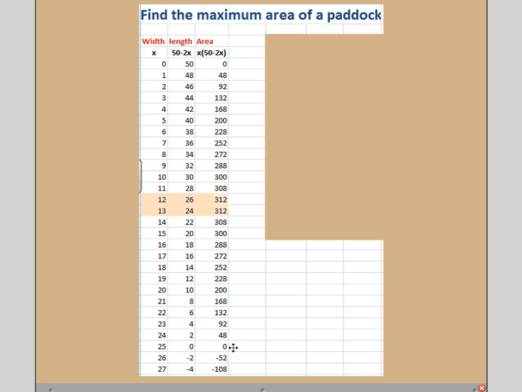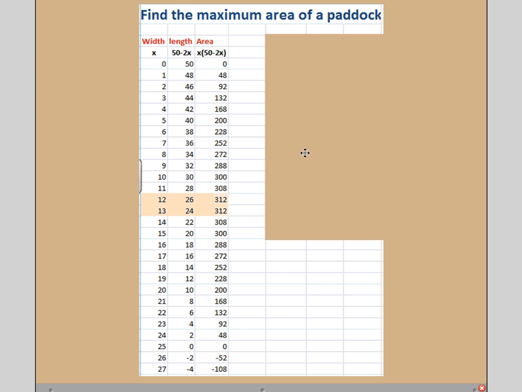When we get to a width of 25, two widths of 25 means there's no length, the length would be 0. And if we went to 26, we'd have a negative area, which is impossible in a real situation. So we know the maximum area occurs somewhere between 12 and 13.